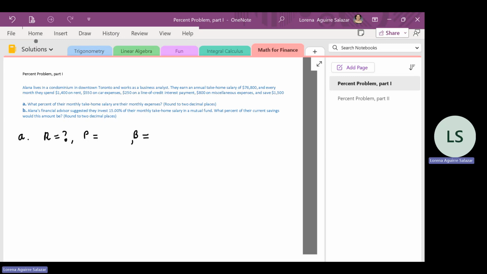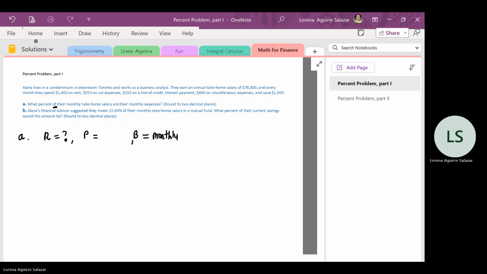So let's see what the portion and the base are. What percent of their monthly take-home salary are their monthly expenses? We're seeing the monthly take-home salary as the whole. Usually the base is what follows after the word of. So the monthly take-home salary is the whole here.